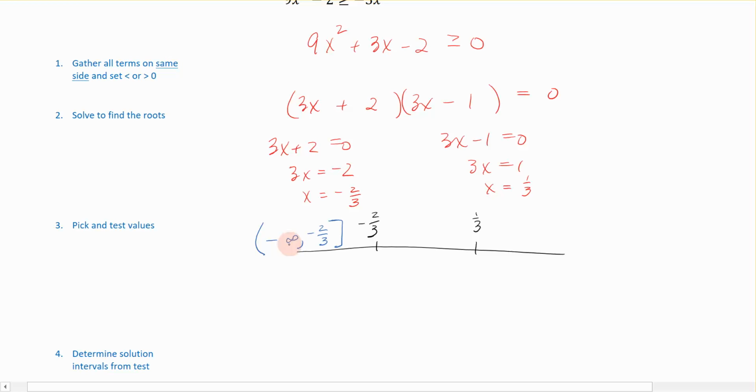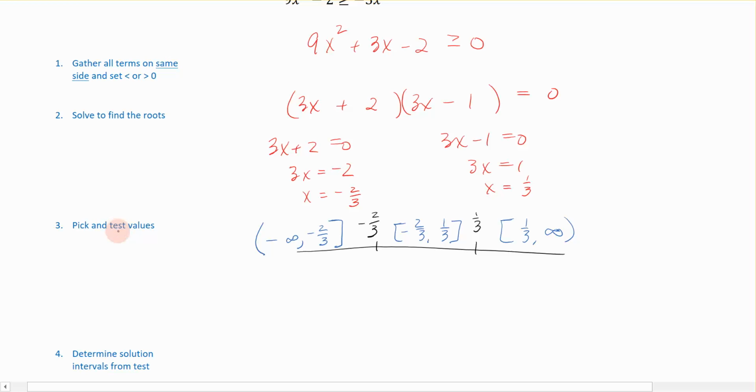Parentheses always occur around infinity, though. In between, I'm talking about negative 2/3 to 1/3, with brackets. To the right, I would have 1/3 to positive infinity with a parenthesis. And that's how my number line would be divided up.